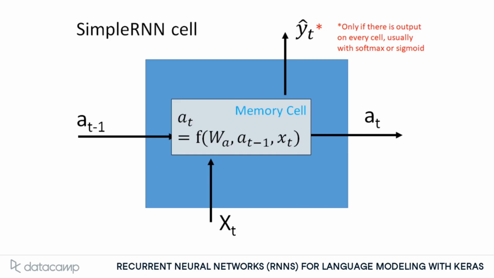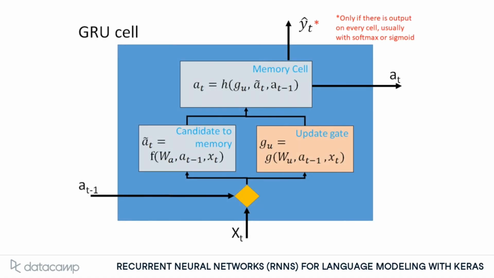On every cell, we compute the new memory state based on the previous memory state t-1 and the current input word xt. In the computations, we have a weight matrix WA that is shared between all steps. We will consider the case of classification tasks and thus the output y hat will be computed only in the last step.